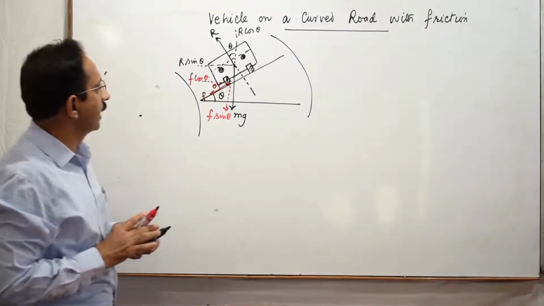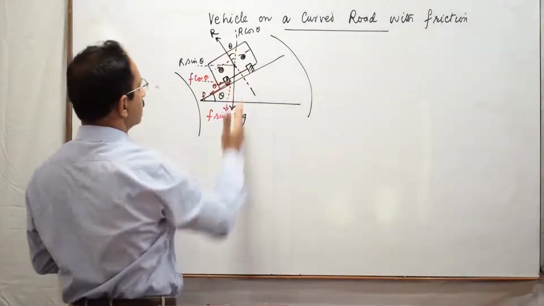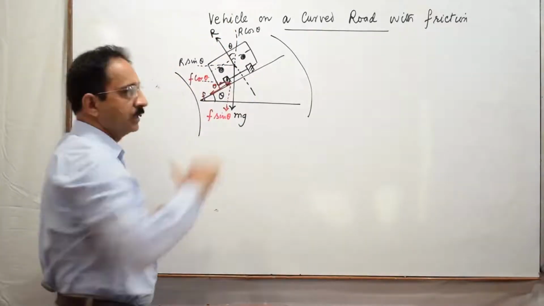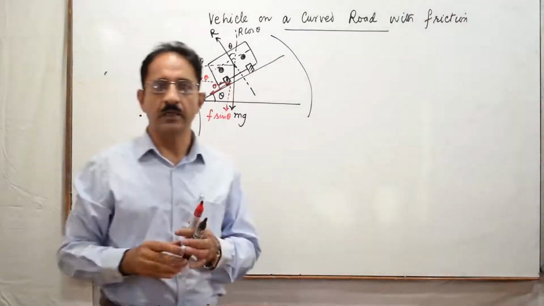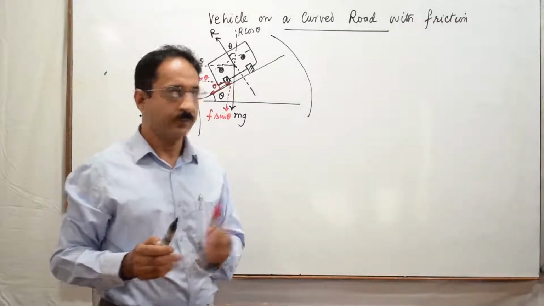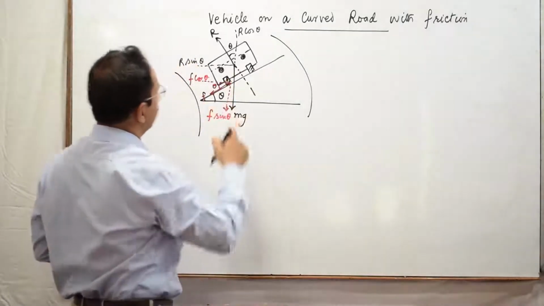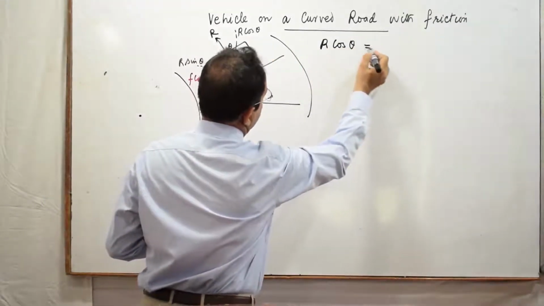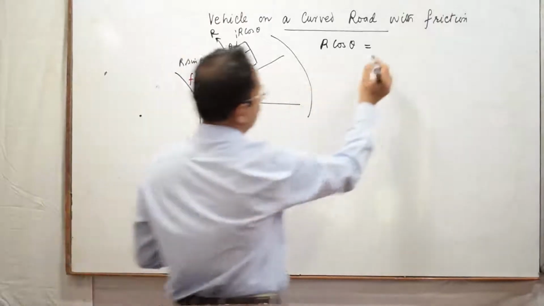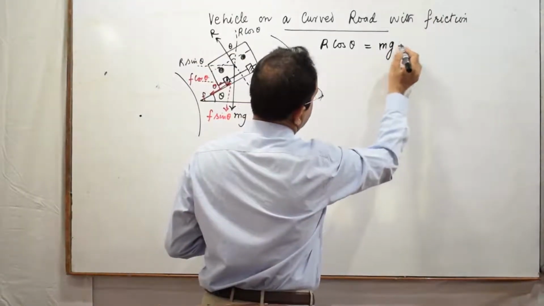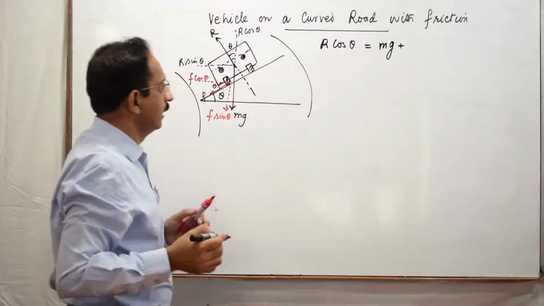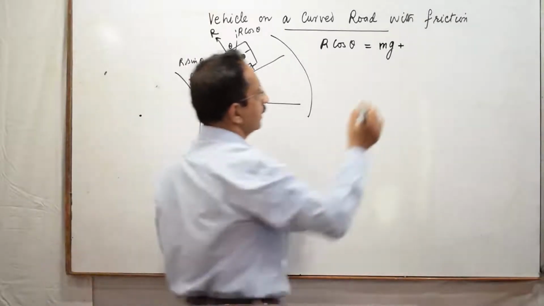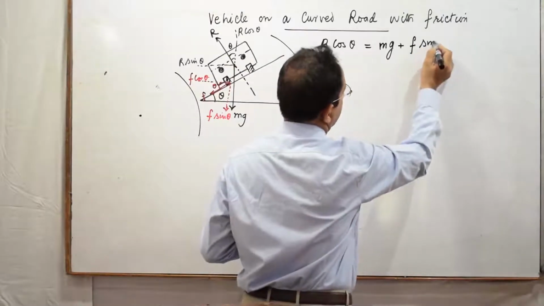So this is a free body diagram, in which there are some forces acting along the vertical direction and some forces acting along the horizontal direction, or x-axis. As you see in this free body diagram, R cos theta will be balanced by two forces: mg, the weight of the vehicle, with m as mass and g the acceleration due to gravity, plus F sin theta.